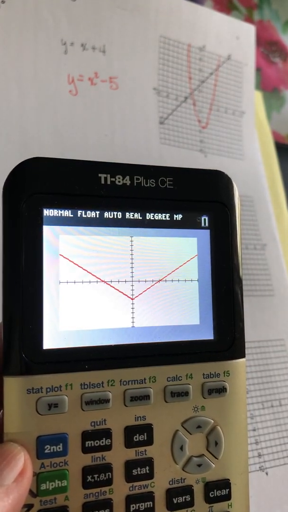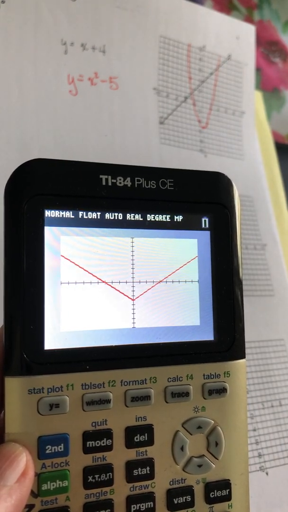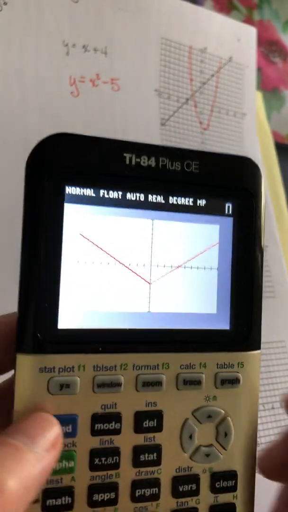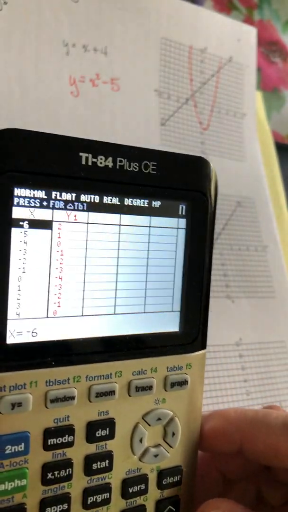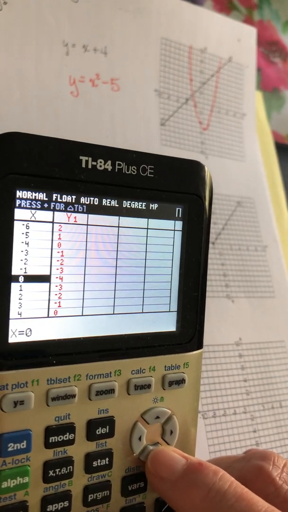Uh-oh. Notice how it changed. Notice my bounce is on the y-axis. Second table. Okay. There's my bounce.